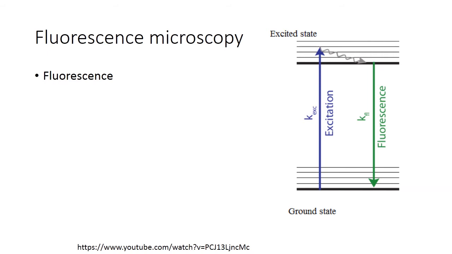So the fluorescence microscopic technique is used to identify parts of the specimen which are labeled with a fluorescent substance. Only those parts of the specimen which are excited will produce fluorescence and will be detected by the microscope.